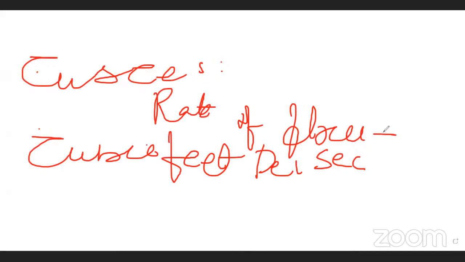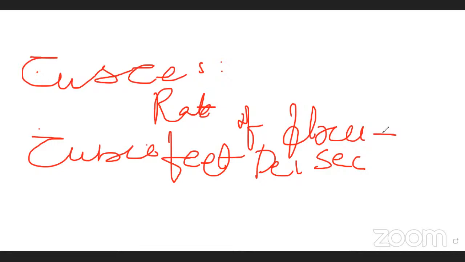In the newspaper the next column gives outflow, 30,000 cusecs.